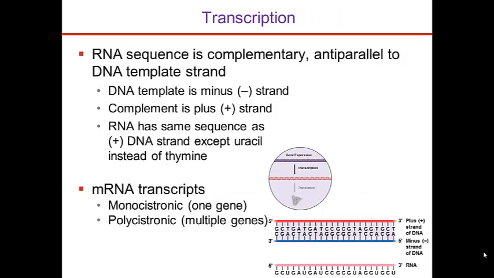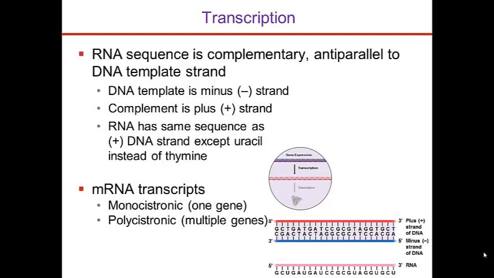Like replication, messenger RNA synthesis proceeds in the 5' to 3' direction, but only on one strand. So the resulting mRNA is complementary to a negative DNA strand and has the same sequence as the positive DNA strand, with uracil instead of thymine.